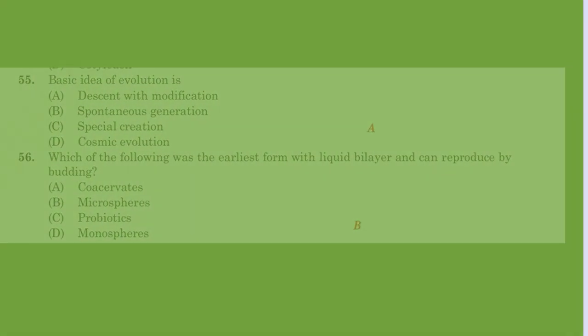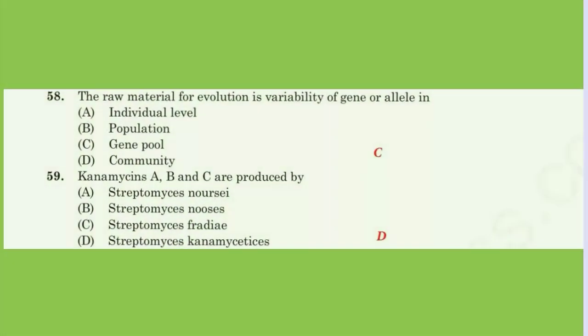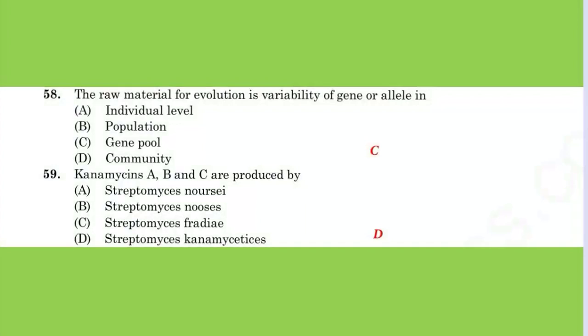Then the next question: the raw material for evolution is variability of genes or alleles in a gene pool. Option C is the answer to this question. Gene pool refers to the combination of all the genes, including alleles, present in a reproducing population or a species.